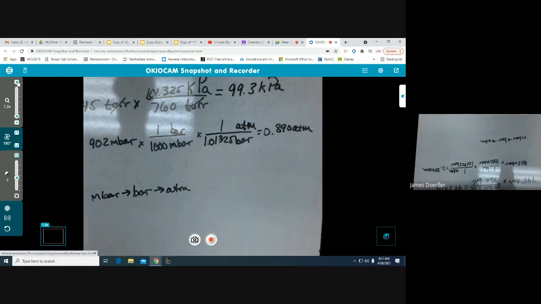So real quick question: is 0.890 greater than or less than 1.0? Less than. Since there is significantly less pressure than our normal conditions, that means the winds were going extremely fast.